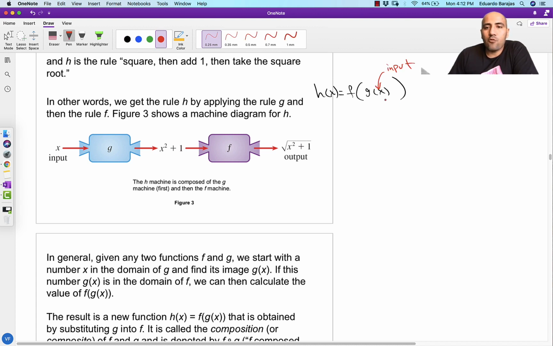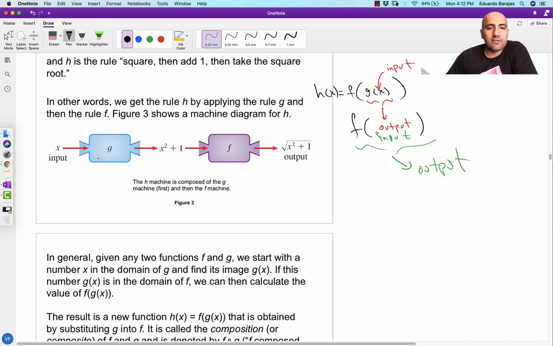And then we get an output from the g of x function. And then that gets plugged into the input of the f function. So the output of the g function becomes the input of the f function. This is the new input of the f function. And then the f function pops out the output of the f function.